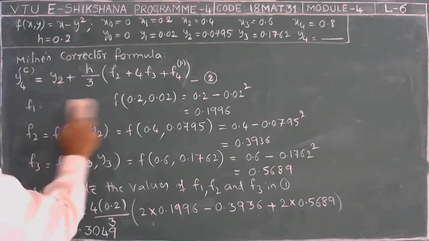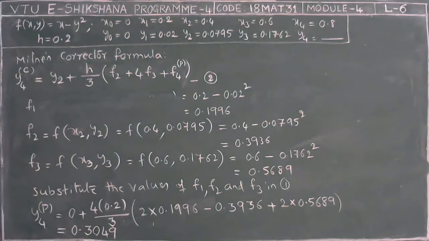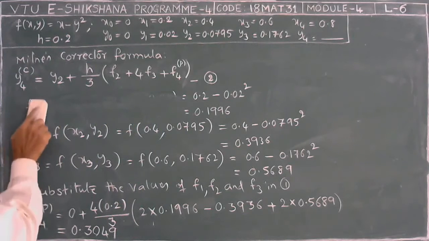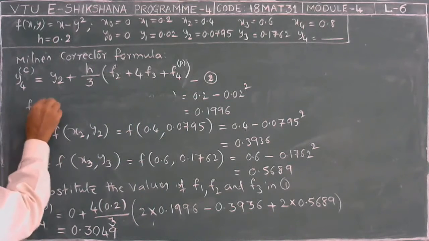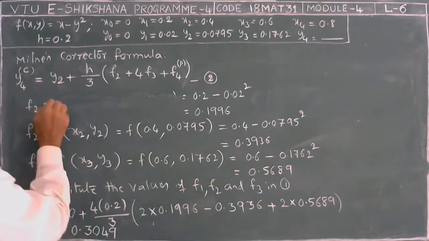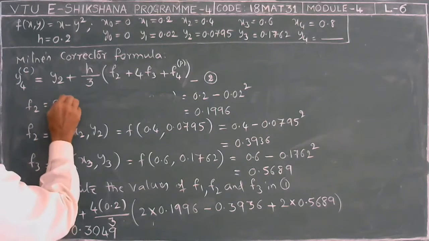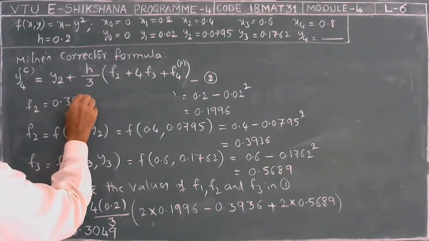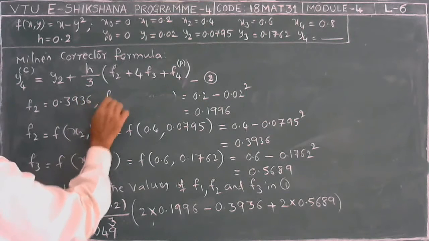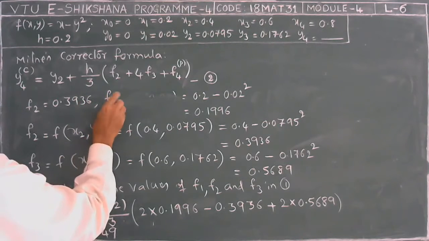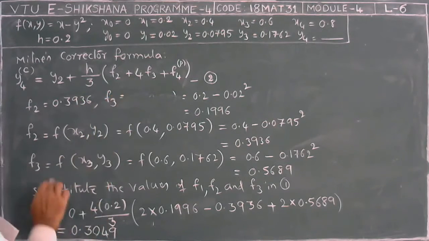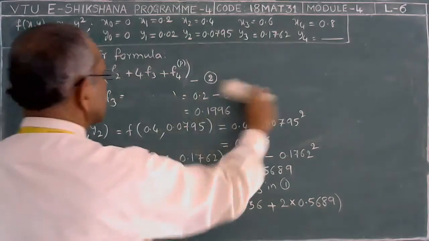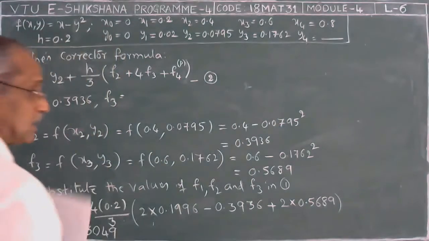F2 already obtained is 0.3936 and F3 is 0.5689.